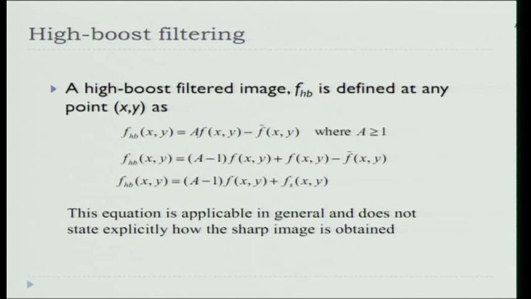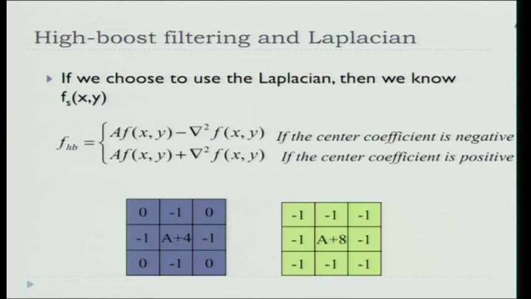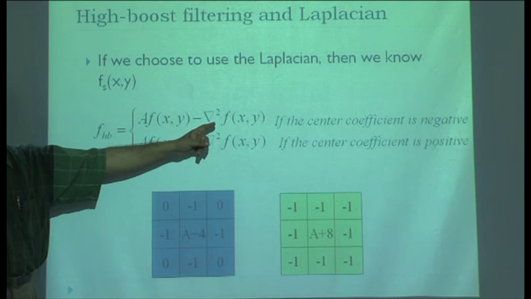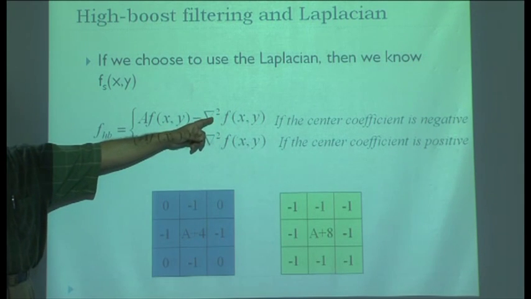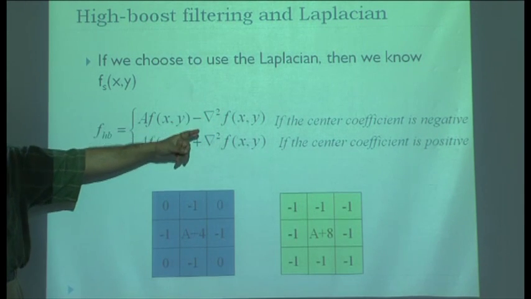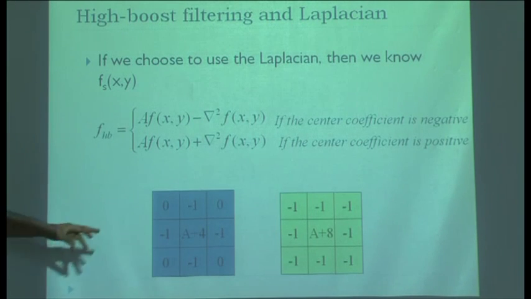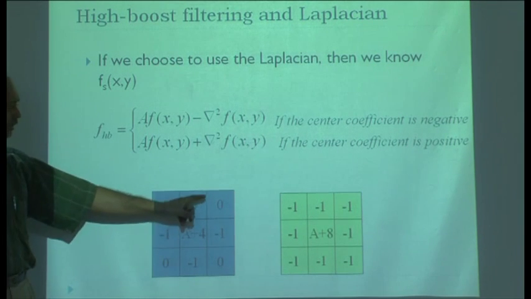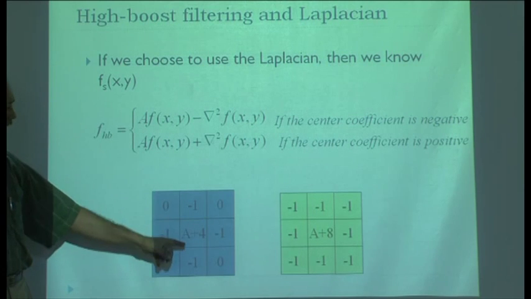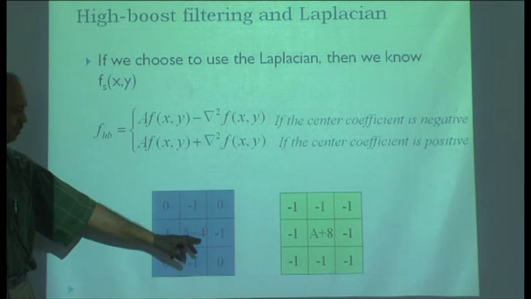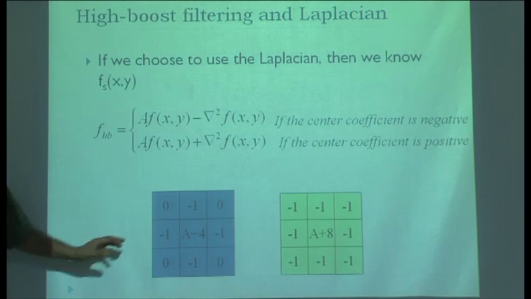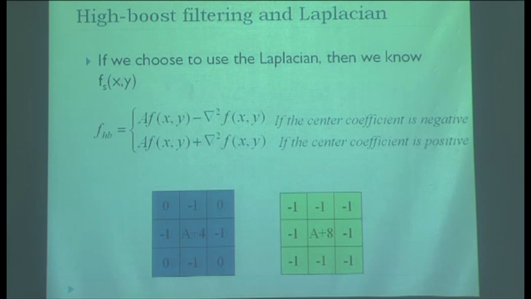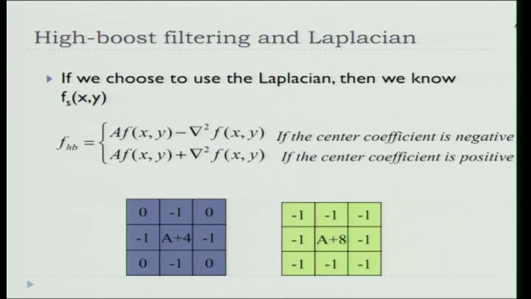If I put it in terms of the Laplacian filter, it is nothing but A times f(x,y) minus the Laplacian filter. Kernel-wise, the corners are 0, because this is a Laplacian filter, and the center is A plus 4 because of the minus 1. So it is the same as before: 0, minus 1, 0; minus 1, A plus 4, minus 1; 0, minus 1, 0.